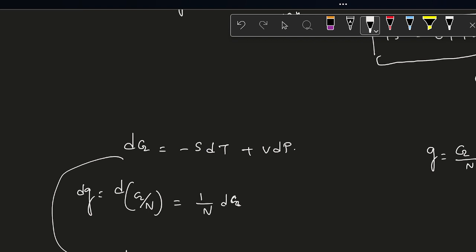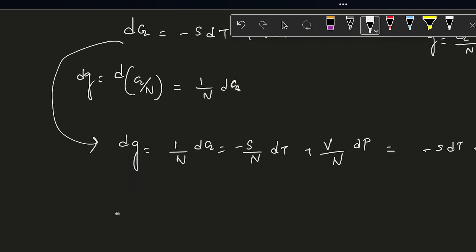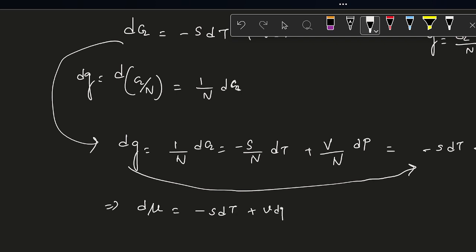And S by N is small s, and V by N is small v. So dg is minus small s dT plus small v dP. Now do not forget that G is also mu times N. That means G by N is nothing but your chemical potential mu, which is also small g. So d small g is basically d mu, equal to minus small s dT plus small v dP. So you get the differential of the chemical potential.